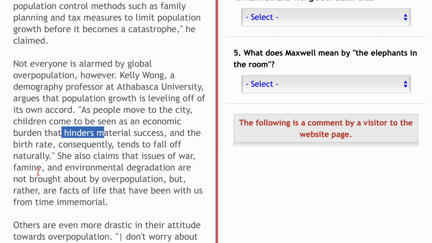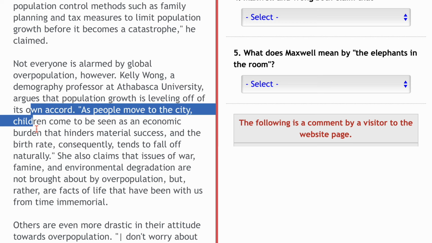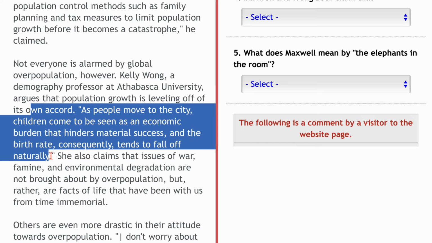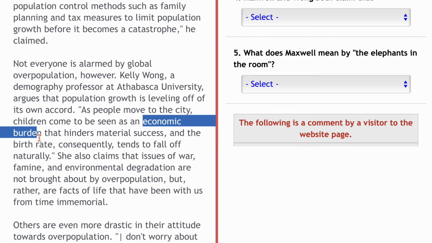Okay, so it says when people move to cities, they see that children can cause economic problems and they don't have children. Could be true. I do see this in Canada for sure, in general. I wouldn't say that it's an economic burden.